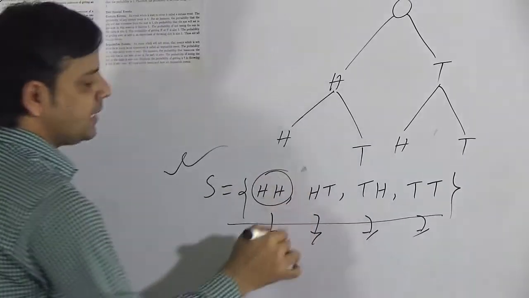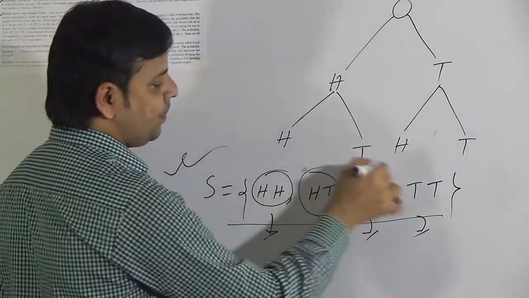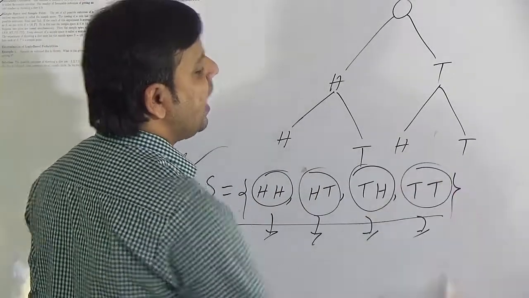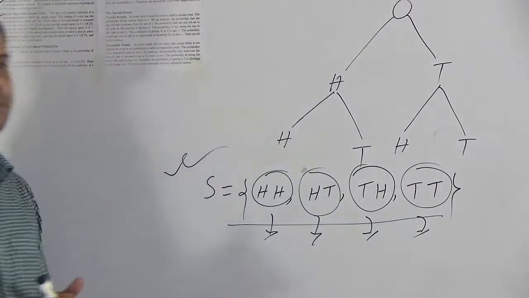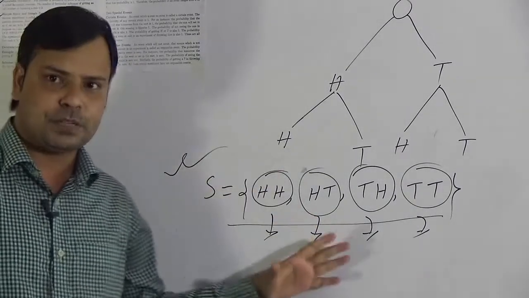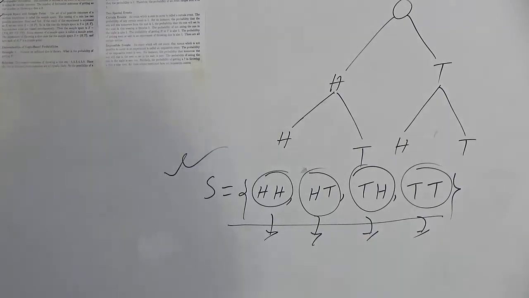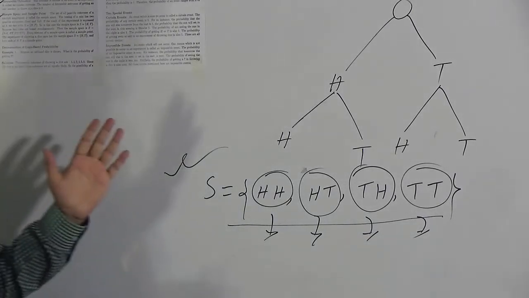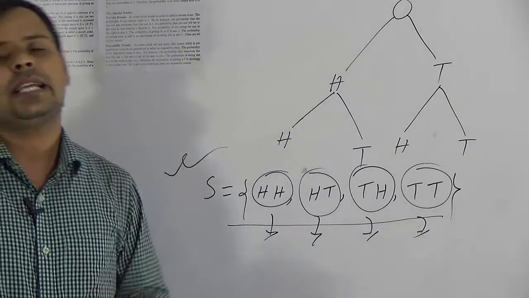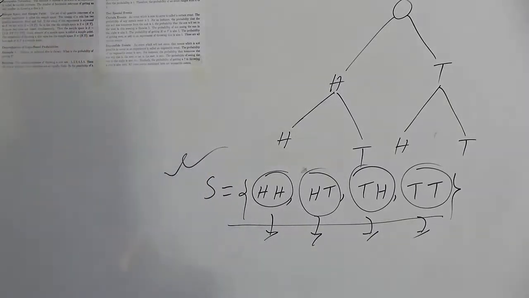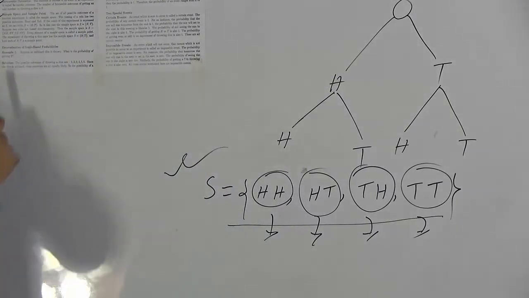So HH is a sample point, HT is a sample point, TH is a sample point, and TT is also another sample point. Every point of the sample space is known as a sample point. If you toss one time, you will get head as a sample point, tail as another sample point. Okay, now come to the next topic, determination of logic based probability.